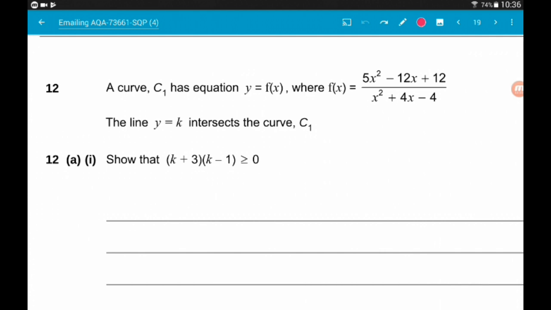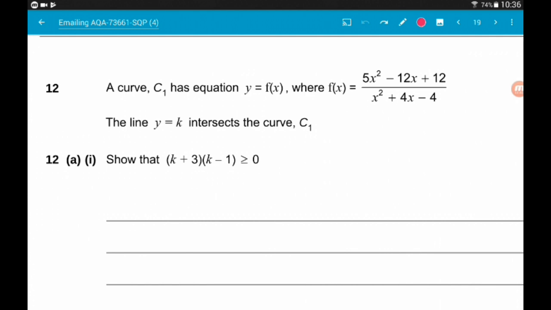The line y equals k intersects the curve C1, so that's going to be a horizontal line. We want to show that k plus 3 times k minus 1 is greater than or equal to 0.